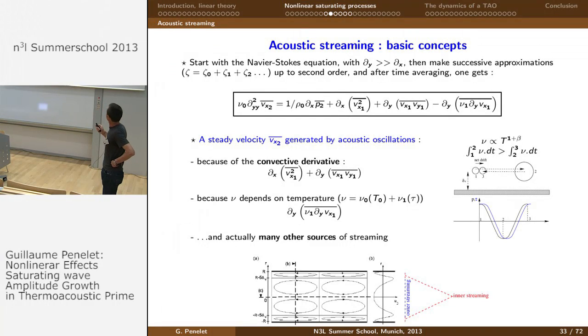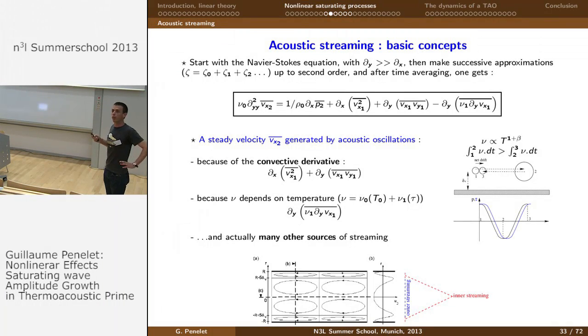If we do so, and if we make the time average of the x component of the Navier-Stokes equation, we show that finally the second order time average velocity is not zero, and there exist some source terms which are here that drive this streaming, this acoustic wind.